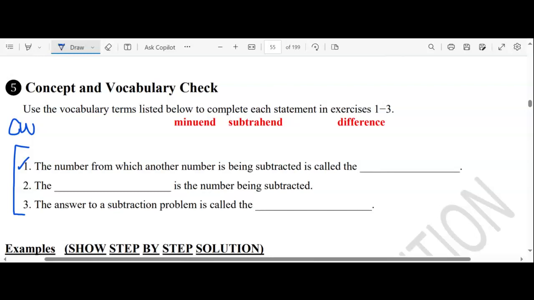The number from which another number is being subtracted. Minuend? Okay. Are you sure? Yeah. Okay. This one.